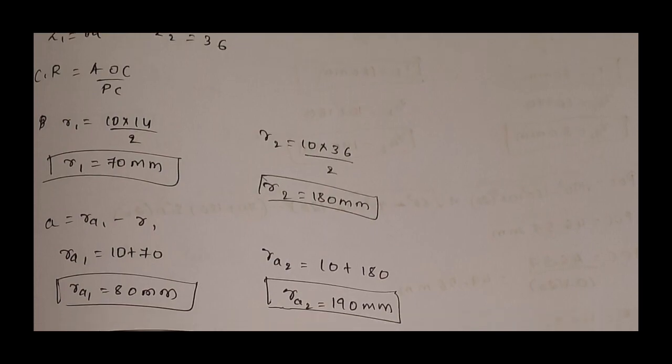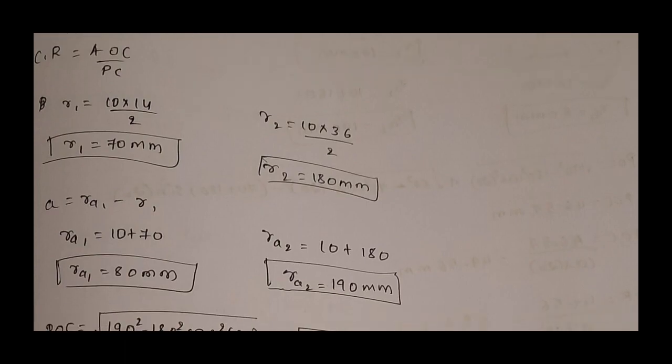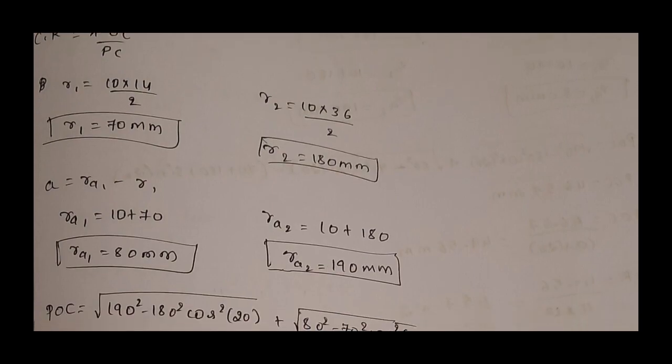Now find out the value of the addendum circle radius of gear 1 and the addendum circle radius of gear 2. How are we going to find out the solution? By using the terminology. Addendum is the radial distance between the addendum circle and the pitch circle. By using that, a is equal to RA1 minus R1. Keep the unknown towards the left hand side.